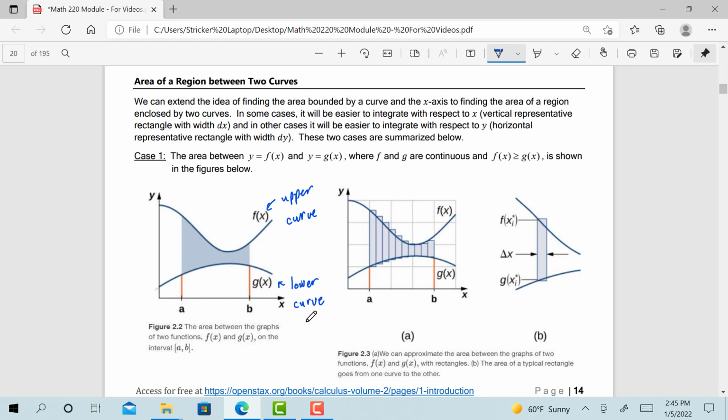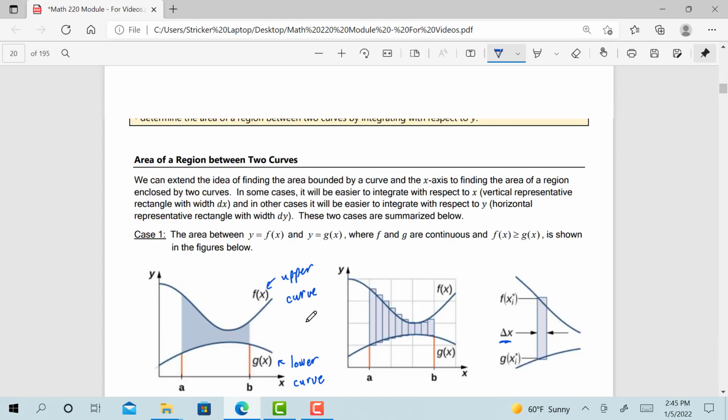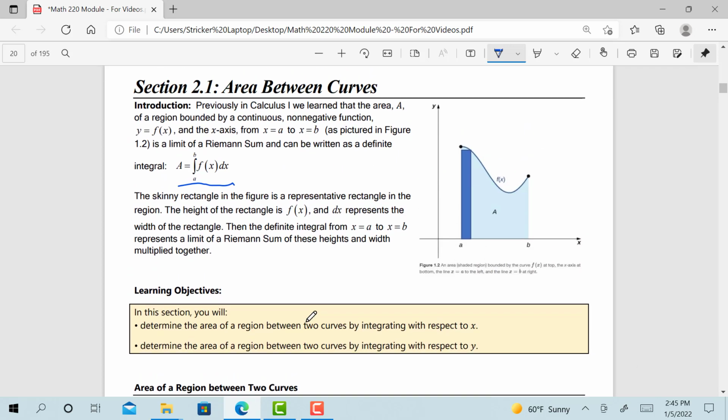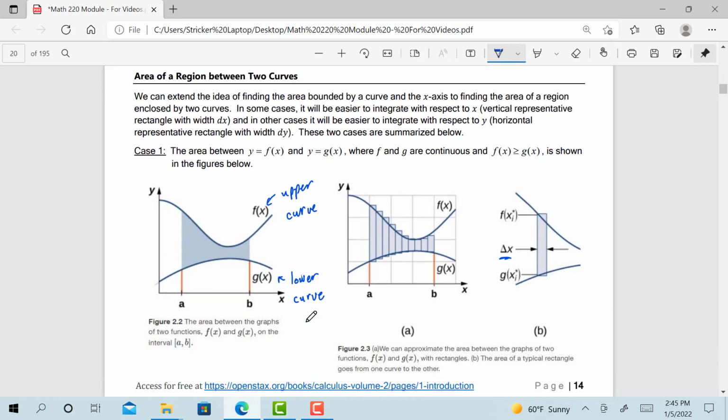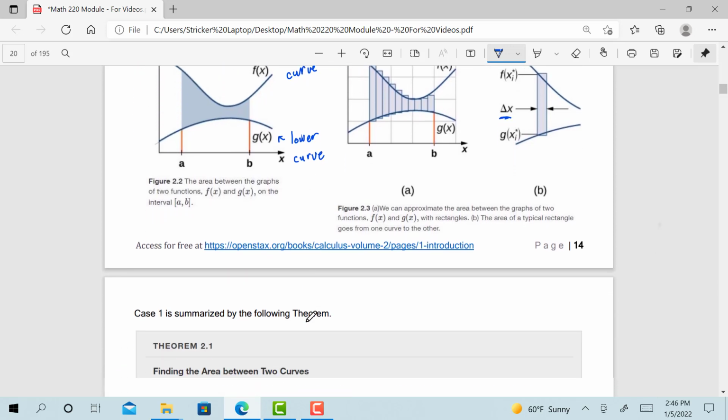So remember, the width we can think of as our delta x, and then our height, before our height was the function, it was f of x, but now it's the difference between those two. So if you take f of x minus g of x, that's going to give you the height of this. And then if you add up the area of all these rectangles, every single rectangle, you're going to get the total area between the two curves.